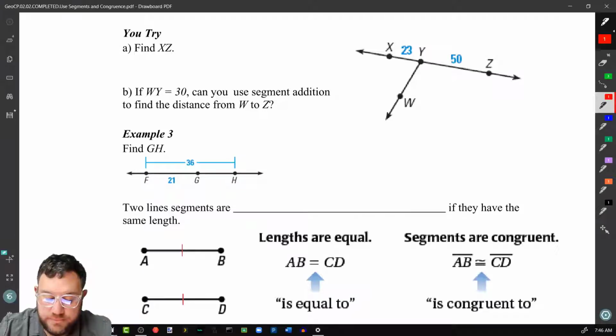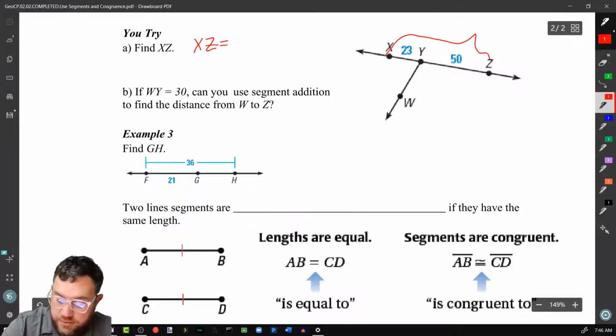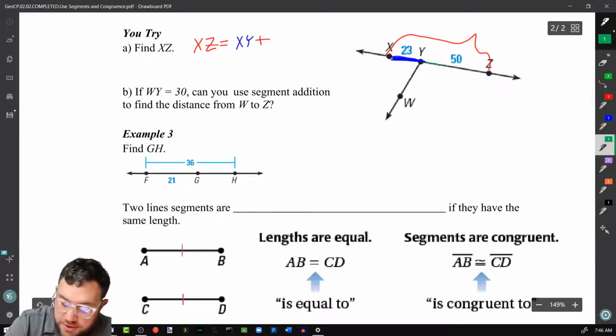All right, XZ is this whole thing, and it's this piece XY plus, I can use green this time, this piece YZ.